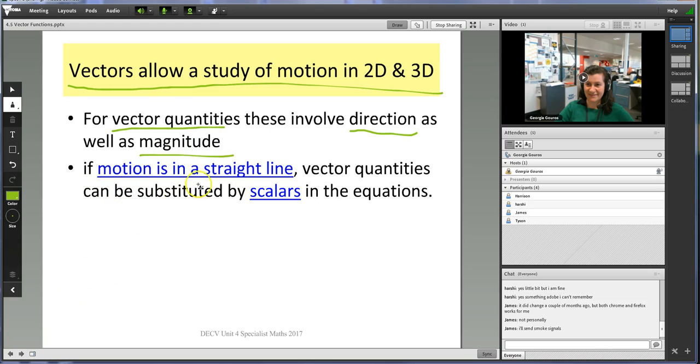If the motion is in a straight line, as we've done before in the previous couple of weeks, we don't need to use vectors, so we can just use scalars in the equations. That's okay if it's the straight line motion, but that's not always the case, so we need to extend our mathematics to cover the 3D motion.